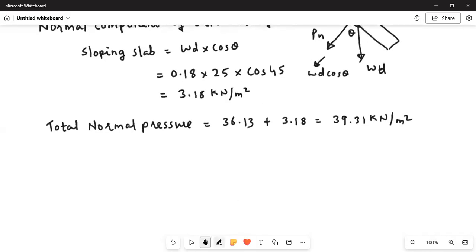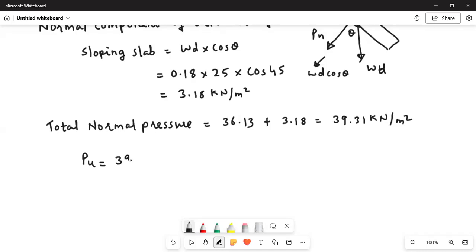So this is the total normal pressure, and again it has to be factored. Whatever load you have gotten needs to be factored. So Pu, the factored load, is the total normal pressure into 1.5.